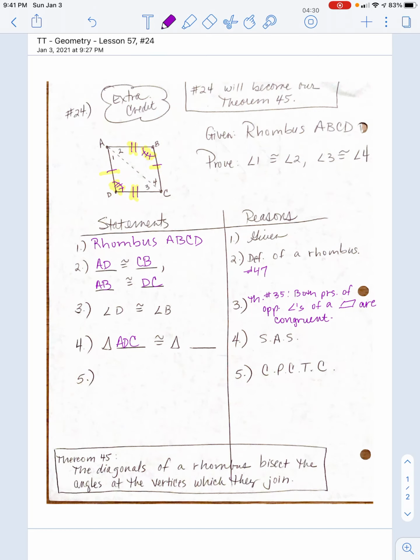ADC and ABC are congruent to each other because of the side, angle, side shortcut. Now, since that's the case, we know that all corresponding parts in those triangles are going to be congruent. So if that's the case, then angle 1 and angle 2 are congruent to each other, and angle 3 and angle 4 are also congruent to each other.